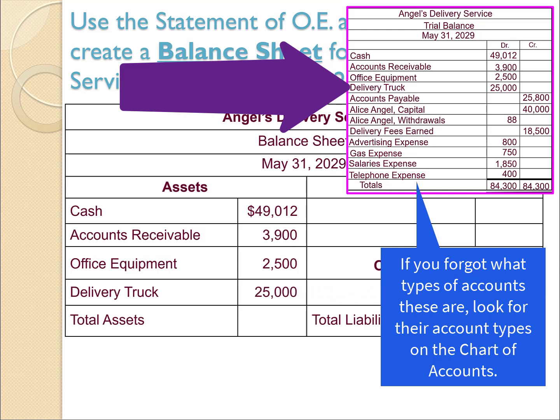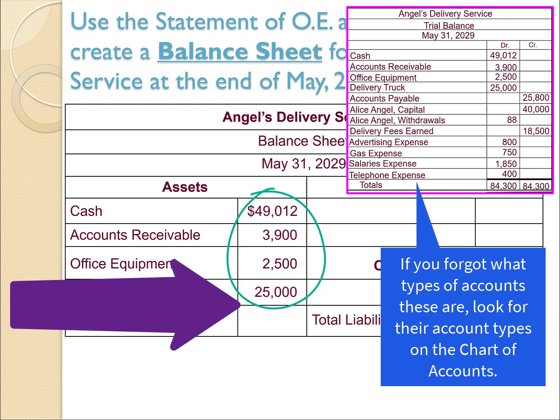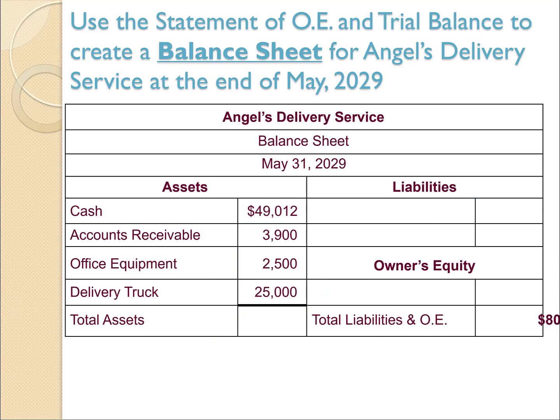$25,000. Now we need to tell our readers that we're going to add up those numbers. So anytime you're doing a mathematical operation, you need to have a dark horizontal bar underneath the last number, which goes right here. And then we're going to add up the numbers above the horizontal bar. 49,012 plus 3,900 plus 2,500 plus 25,000 gives us $80,412.